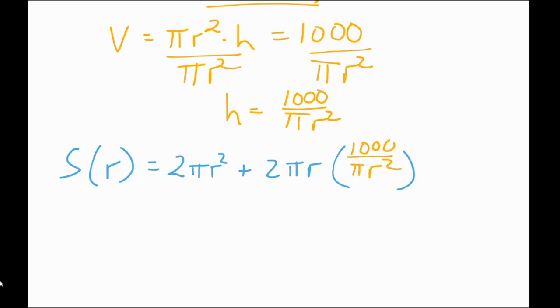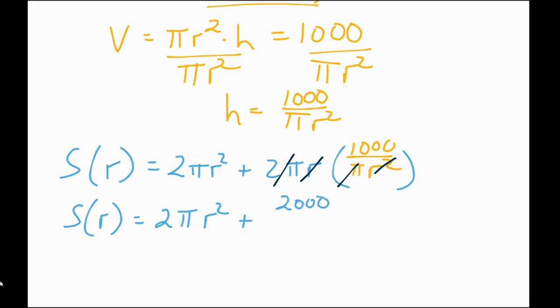You were nervous about all these fractions, but look, some things are going to start canceling out. These pi's are going to cancel. The r's are going to reduce. And so it's not too bad. I end up with a primary equation in terms of r as 2 pi r squared plus 2,000 over r.